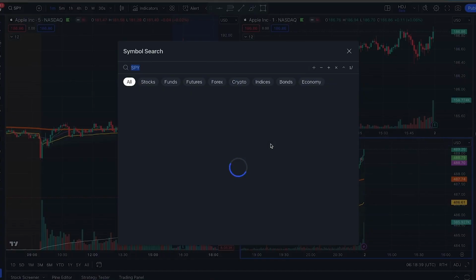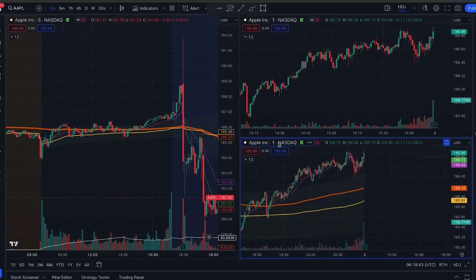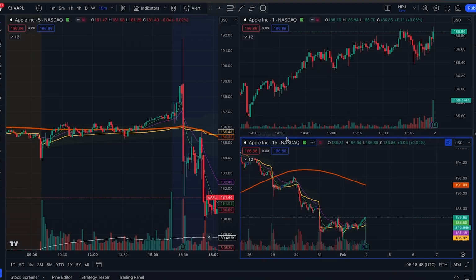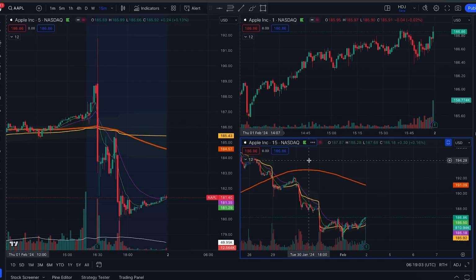We'll go here, Apple, and we'll make this the 15-minute chart. So now just on one screen, I've got 3 different charts. I want my 5 to take up half the page. I want to see that a little bigger than the rest. And I've got the 1 minute and the 15-minute up.